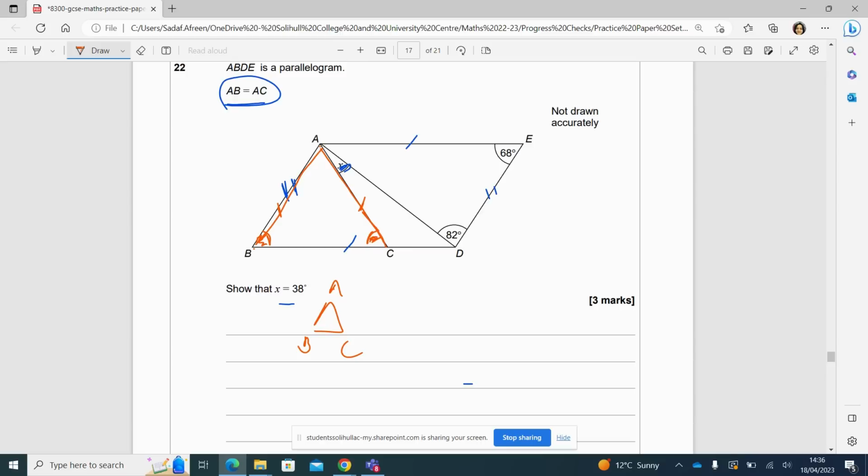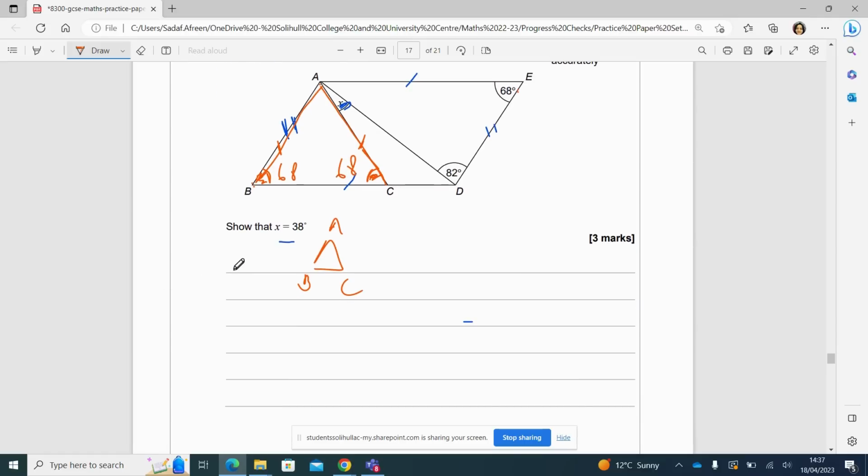Okay, now the opposite angles of the parallelogram are equal as well. So if this angle is 68 degrees, this angle will be 68 degrees as well. All right, and because it's an isosceles triangle, this angle will be 68 as well.